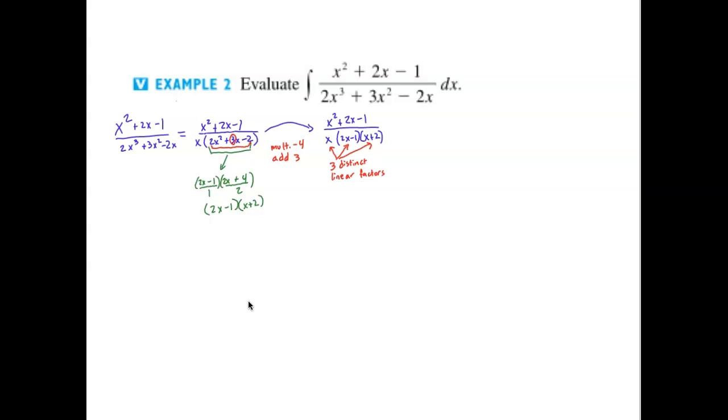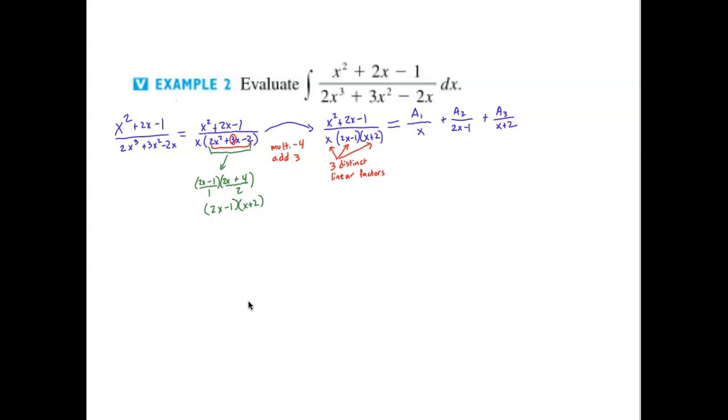So what that last slide says is that this should be able to decompose into 3 partial fractions, one with each unique linear factor as a denominator. So I'm going to put A1, which is a constant, over x, plus A2 over 2x minus 1, plus A3 over x plus 2.